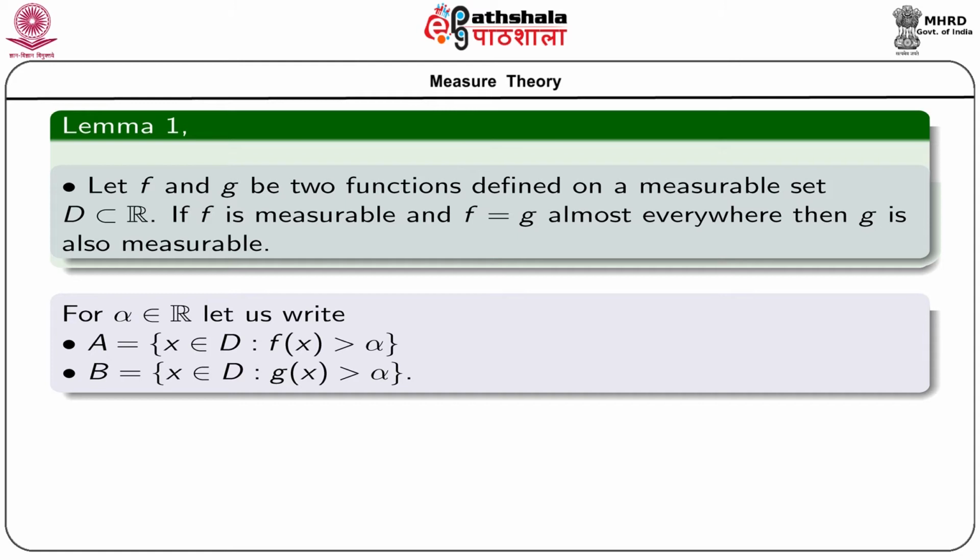Since f is measurable, we already know that the set A is measurable. We have to show that the set B is measurable in order to show that g is measurable.